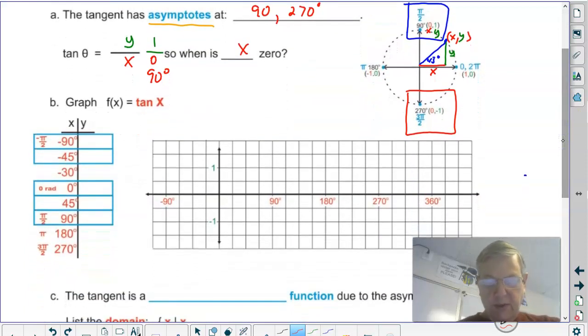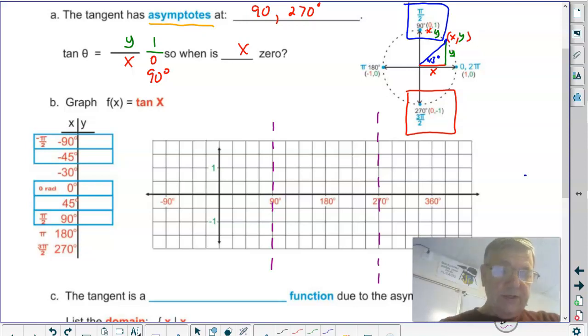So let me come in here and let's stick in some asymptotes. I'm going to do them in purple. So we have an asymptote at 90, and we have an asymptote at 270. Now, because of coterminal angles, we can also go backwards 180 degrees from that 90, and we also have an asymptote at negative 90.